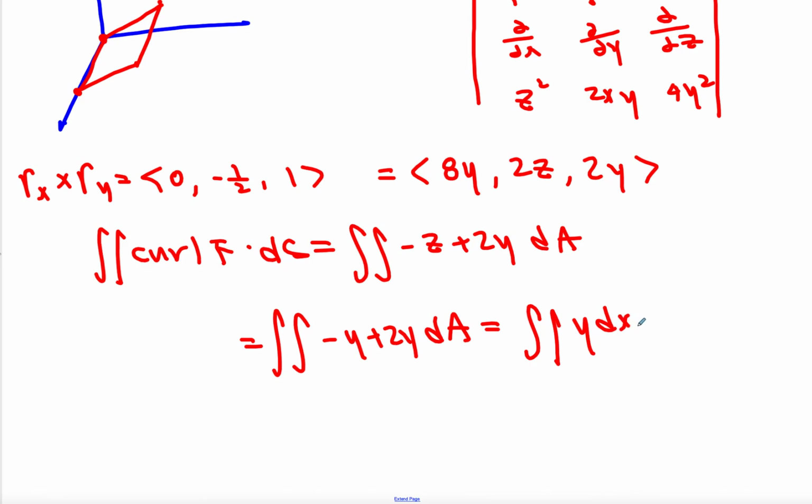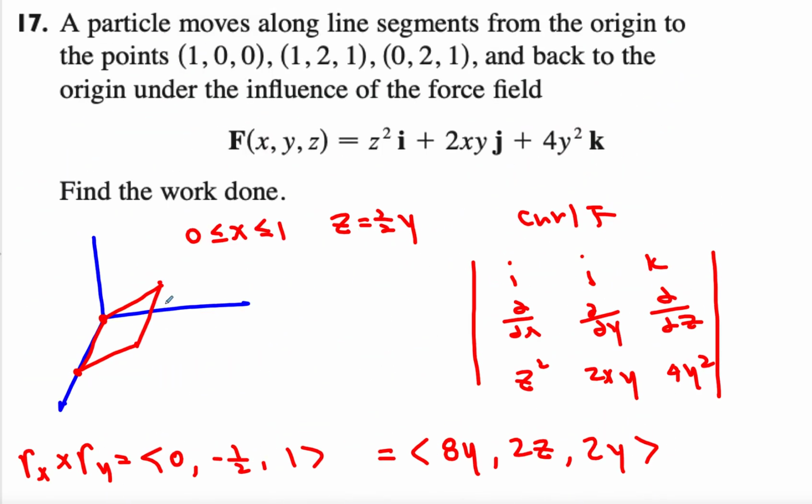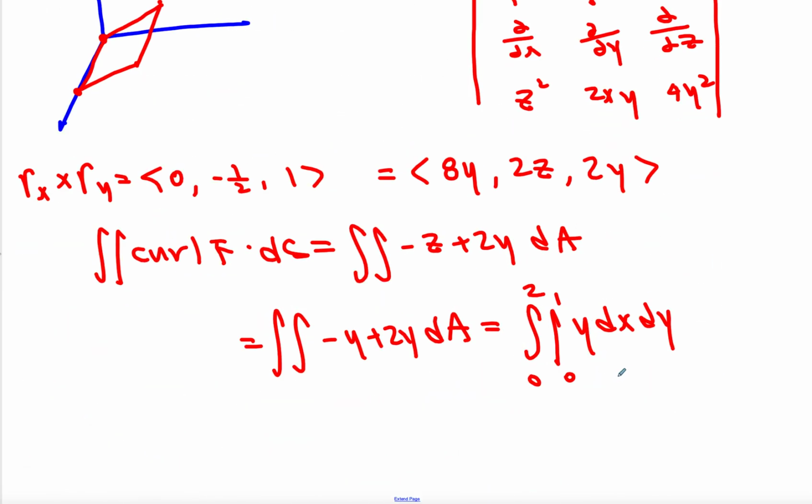So we could have dx dy. X goes from 0 to 1, and then y goes from 0 to 2. In this case, y goes from 0 to 2, as you can see over here, while z is going from 0 to this one. So that's the boundaries.